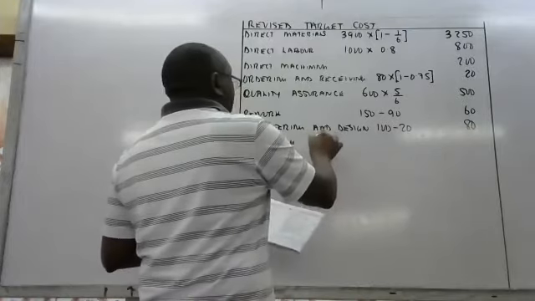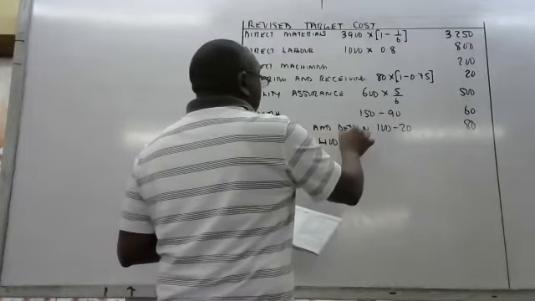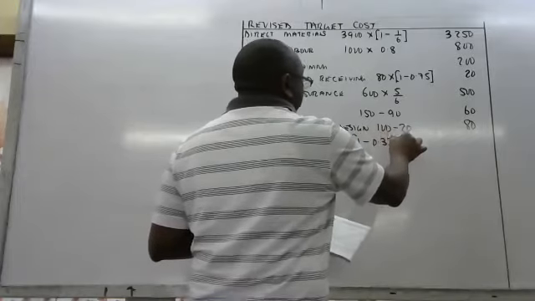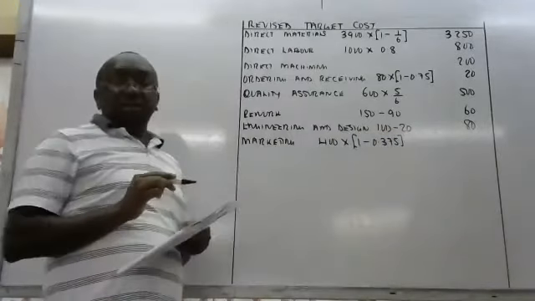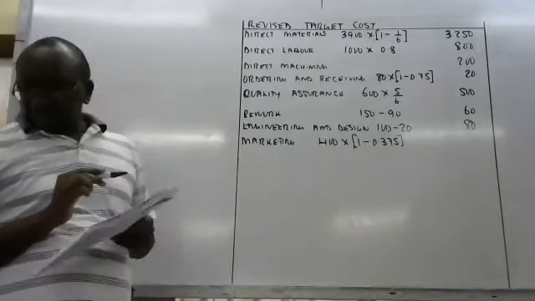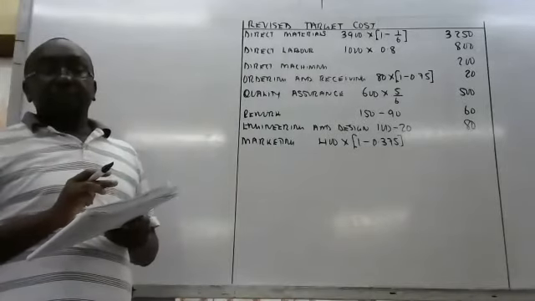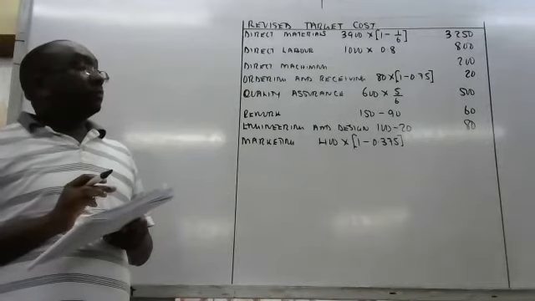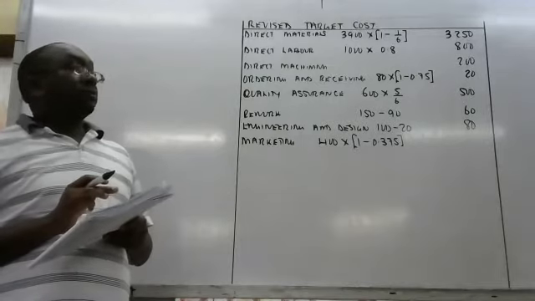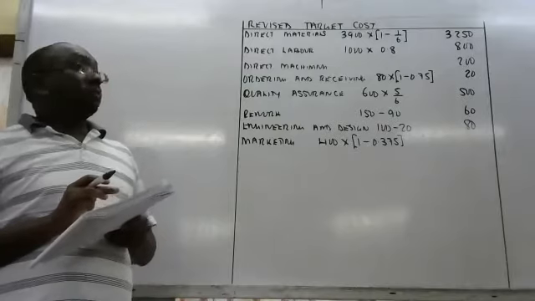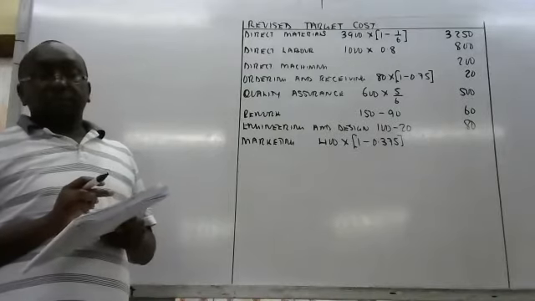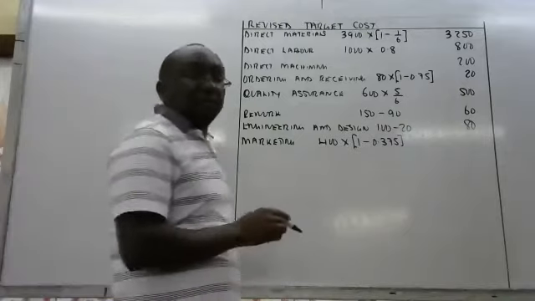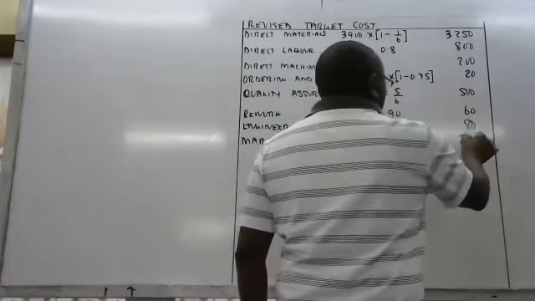So this will be 400 times 1 minus 0.375. That is 250. Good.